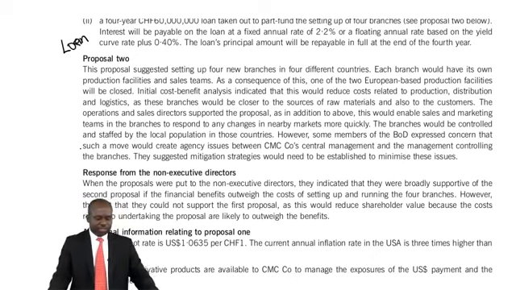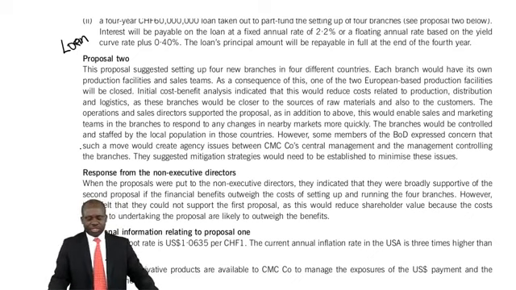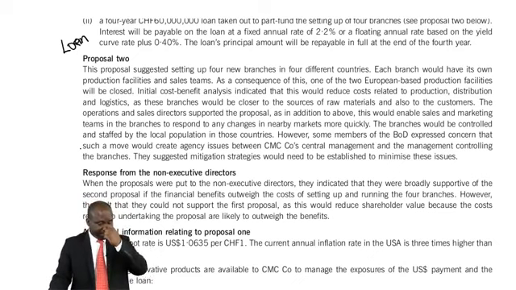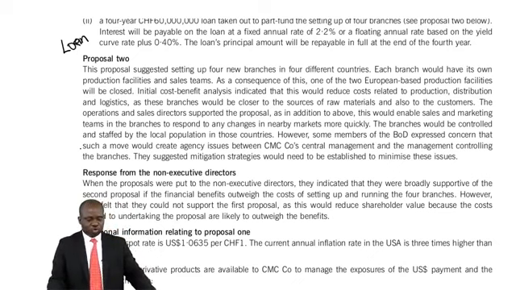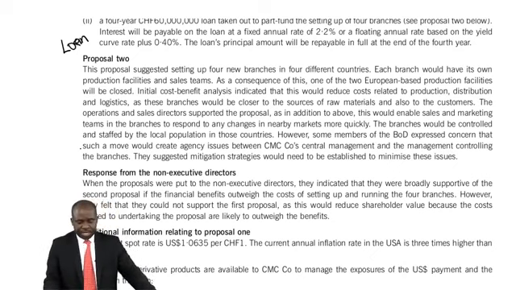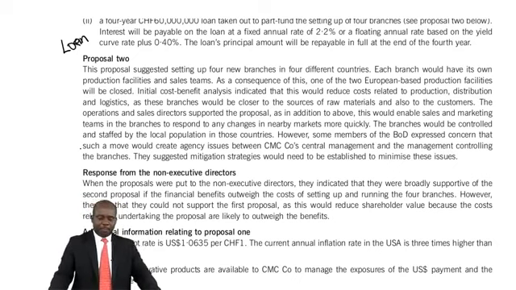The operations and sales directors supported the proposal, as in addition to the above, this would enable sales and marketing teams in the branches to respond to any changes in nearby markets more quickly. The branches would be controlled and staffed by the local population in those countries.